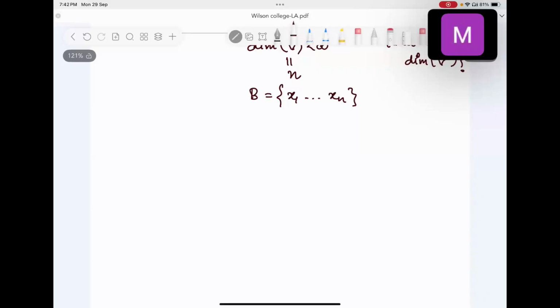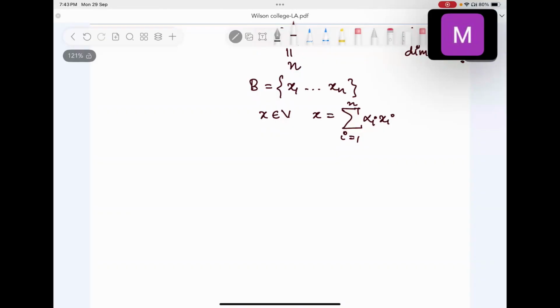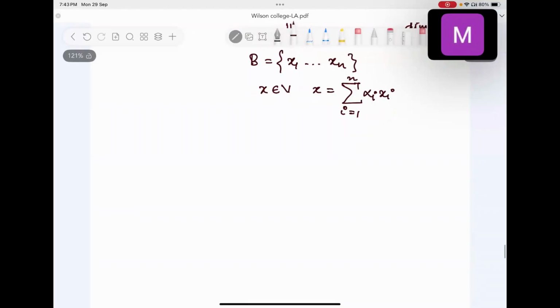Now, if you take any member x from V, then you can write x as the summation of alpha i xi, i equals 1 to n, right? Because the basis spans V. Okay.